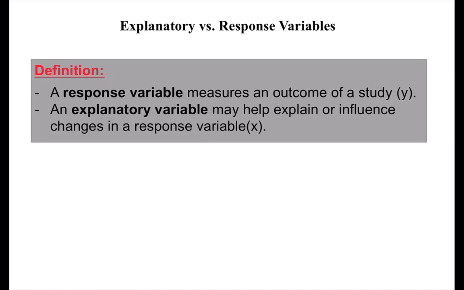If we were to graph them, explanatory would be X, response would be Y. The explanatory may help explain or influence change in a response variable. What happened is Y.